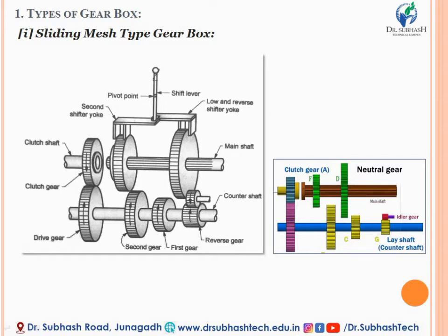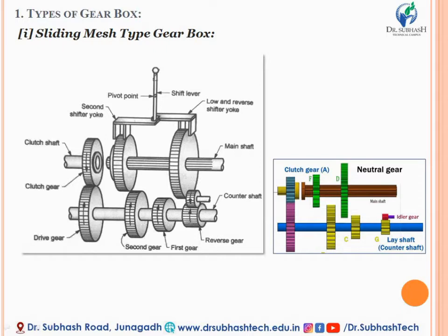So the requirement of the bike will differ from time to time. In order to supply the changing torque and motion, we use a gearbox. So here we are going to discuss the types of gearbox.